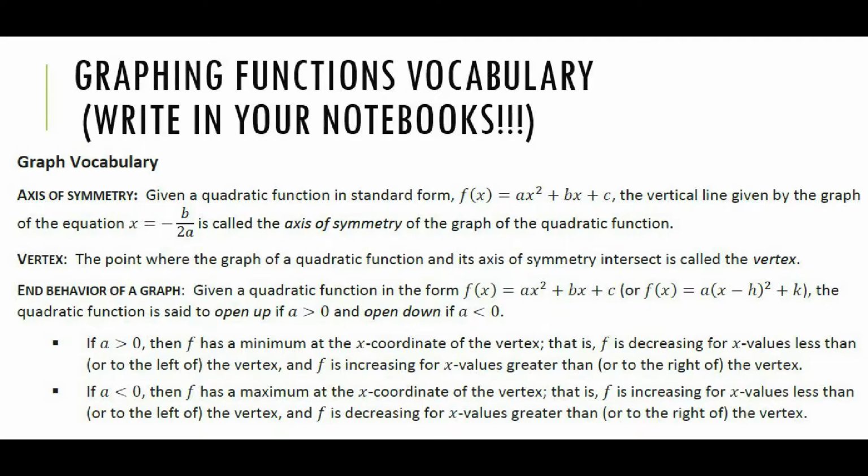You should recognize that formula, negative b over 2a, because that's also the formula you use to find the vertex of a quadratic function. Remember, that gives us the x coordinate for the vertex.